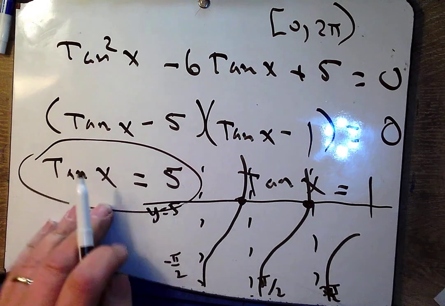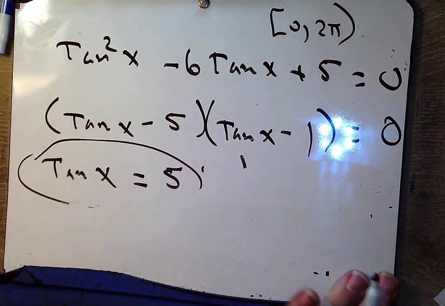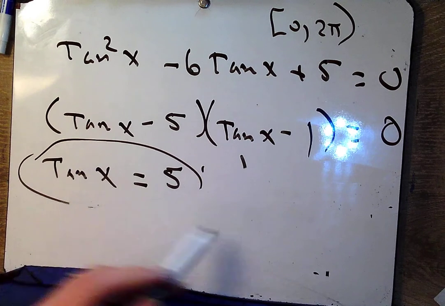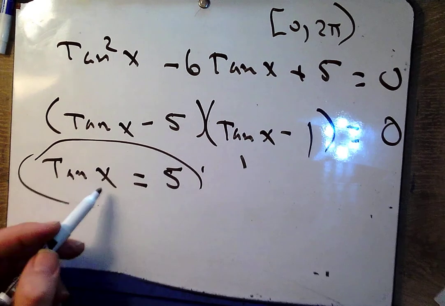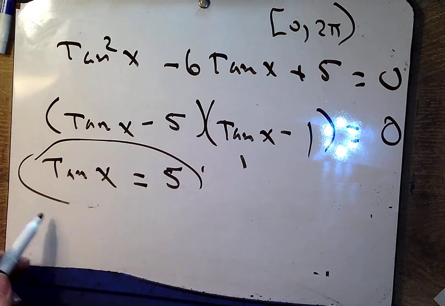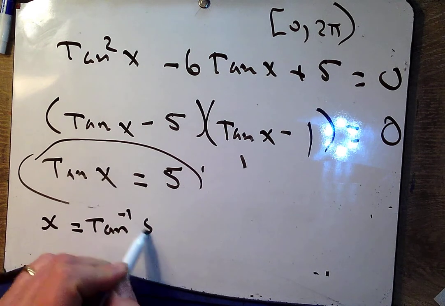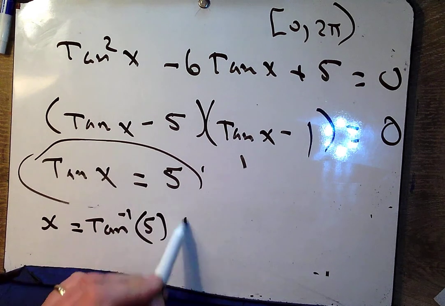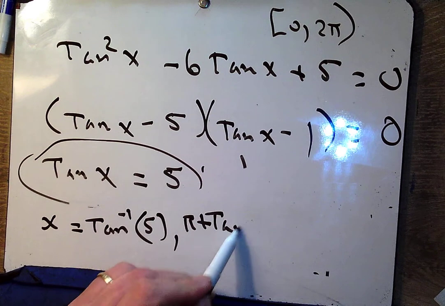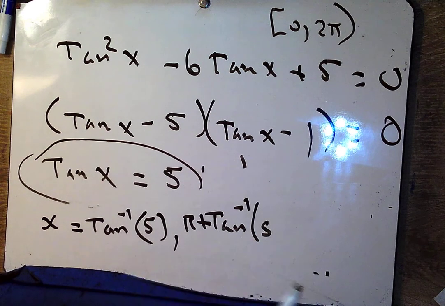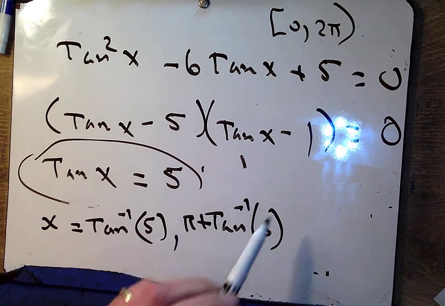And really common on our next assessment is, kids are crossing this out. Stop it. I mean, you could go old school and say x equals inverse tangent of 5 and pi plus tangent inverse of 5. Those are those 2 solutions.